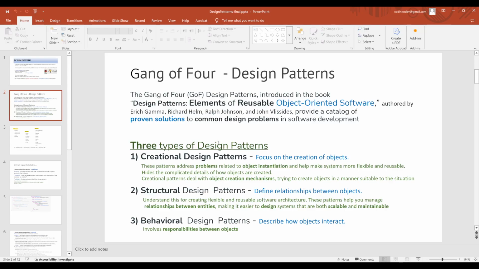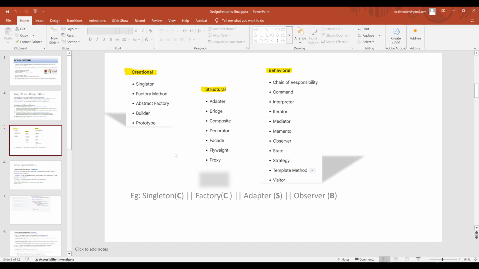As we go deeper into the series, we'll definitely get in touch with each of these creational, structural, and behavioral design patterns. Just to give you an overview of what they are at a high level. Creational design patterns: Singleton, for which we just gave a small example. You also see factory method, kind of like a factory of objects. Again, it's related to creation.